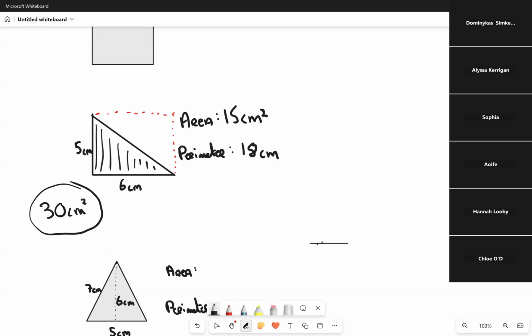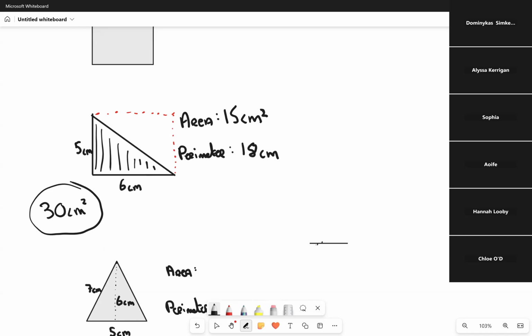So what do you think the formula might be for a triangle? Base multiplied by perpendicular height. Yeah. Divided by... Remember, we need to get a half of it.